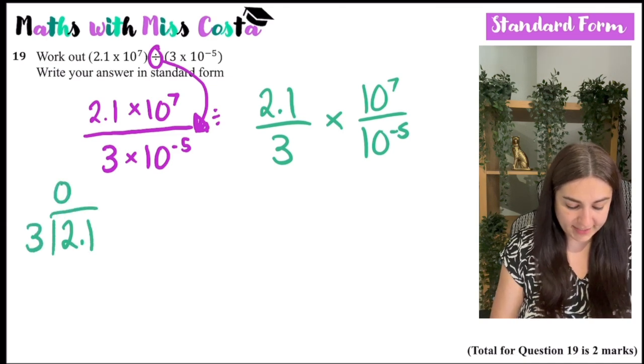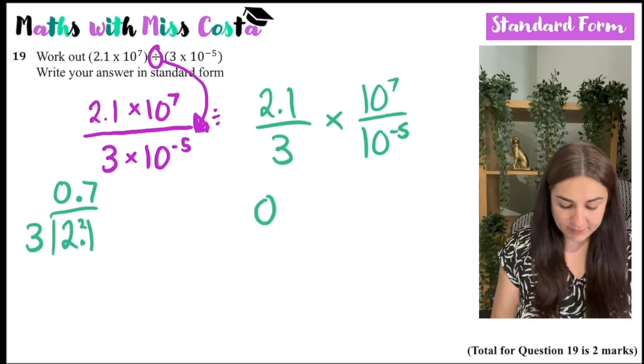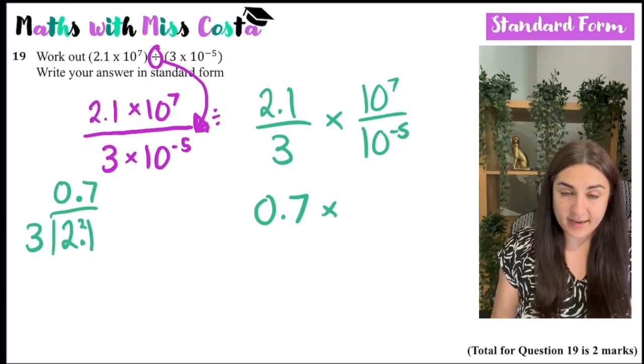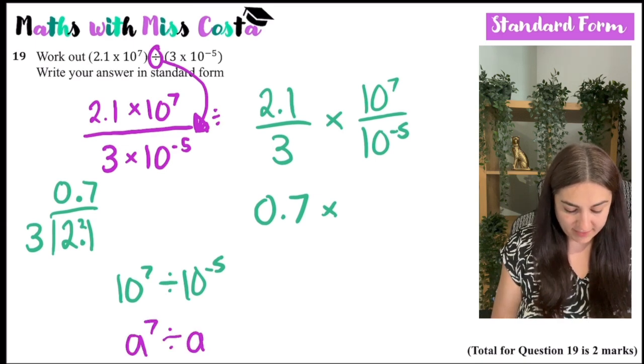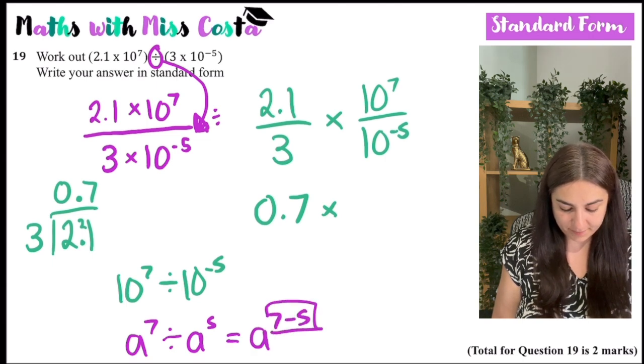So how many 3's fit into 2? 0. I've run out of numbers, so I put the decimal point and I carry the 2. How many 3's fit into 21? 7. So I know 2.1 divided by 3 is 0.7. Then I do the standard form. Now, what do you do when you divide indices? Well, the law of division is that you subtract the powers, okay?